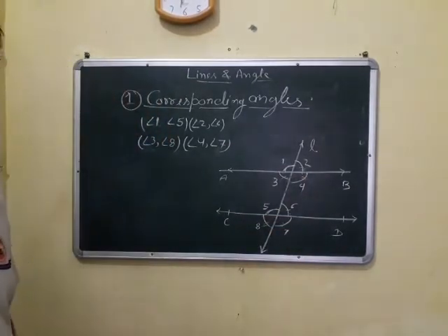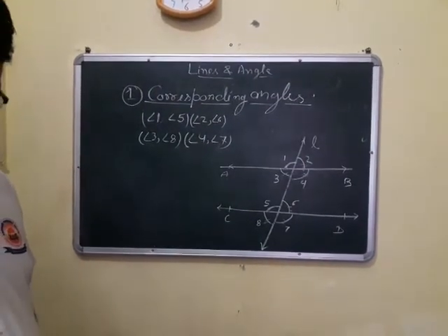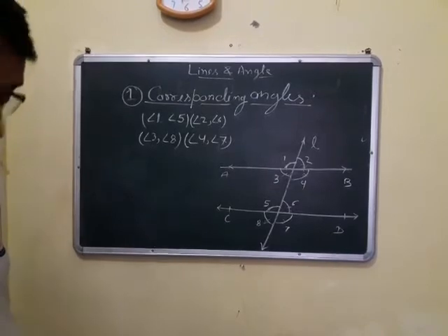This point is clear. Now find the other angles of this transversal line. What are the angles?